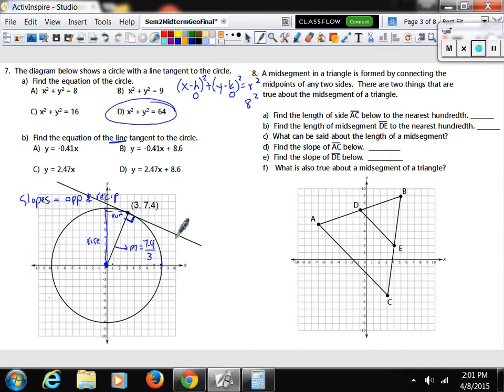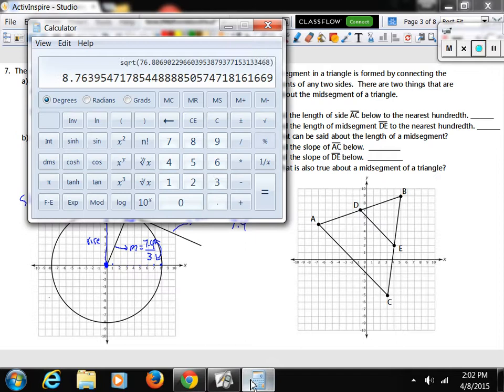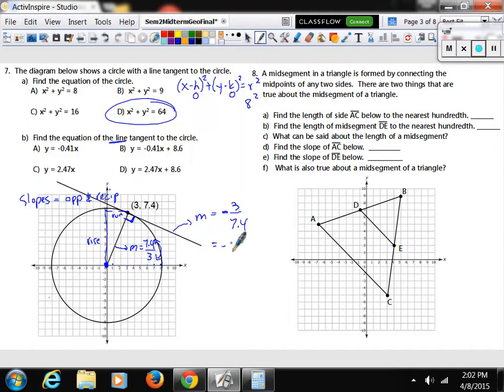So that means my new slope has to be the reciprocal of these and the opposite. It has to be a negative, and it has to be 3 over 7.4. So what I would do is I would take 3 divided by 7.4 and get 0.41. So it's going to be negative 0.41.